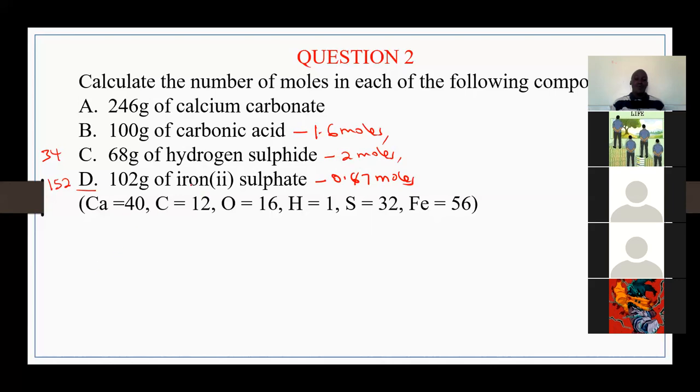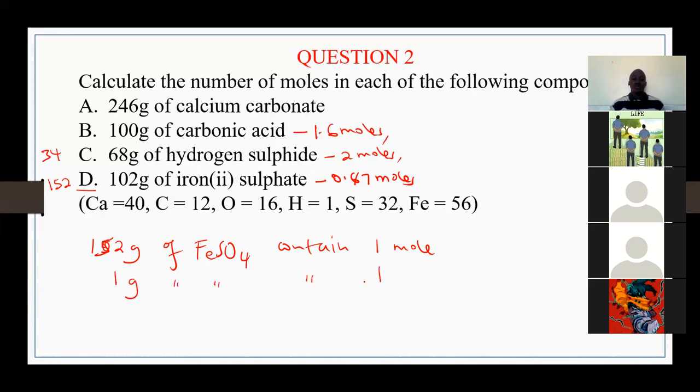So we know that 152 grams of iron-2 sulfate contain 1 mole. Oh, sorry, it's 152. You people are not telling me. So 1 mole. What about 1 gram of iron-2 sulfate?